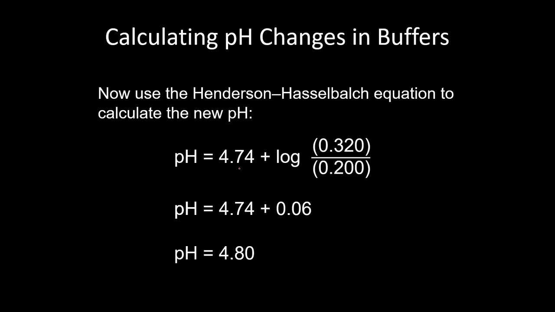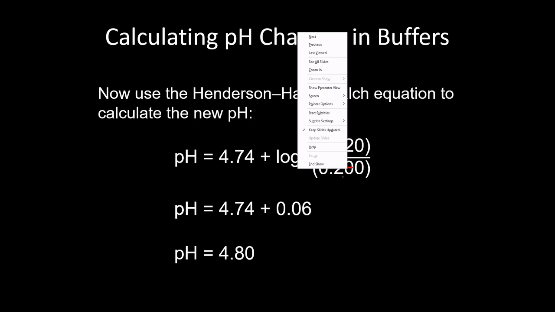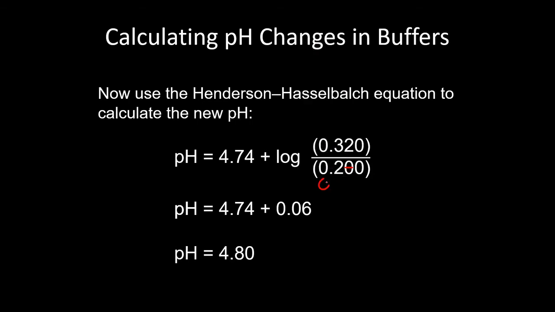And so the pKa of acetic acid is 4.74. Those are our new values, and actually there's a typo there, that should be 0.280, not 0.2. Sorry about that. I think I actually remember noticing this last semester, and I think the math is correct.